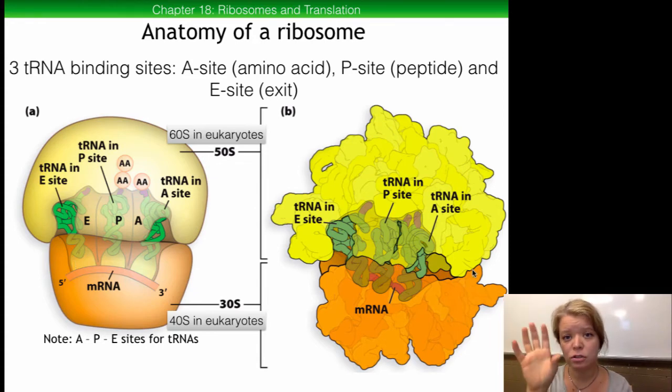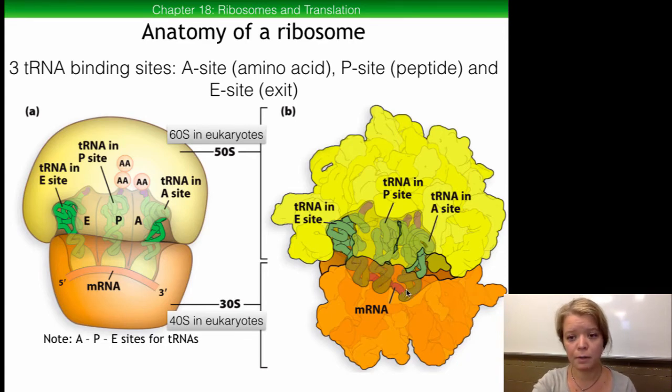But this is the actual crystal structure of the ribosome, and you can see that the spaces are not identical, and that you can also hopefully appreciate from this diagram that the tRNA molecule is rotated as it is moved from the A to the P to the E sites.